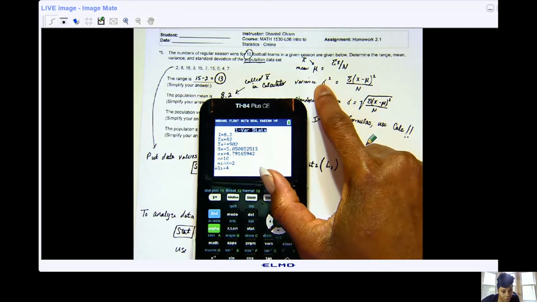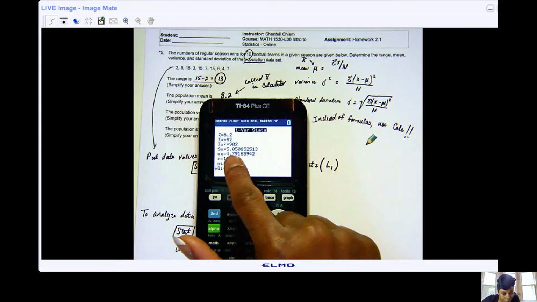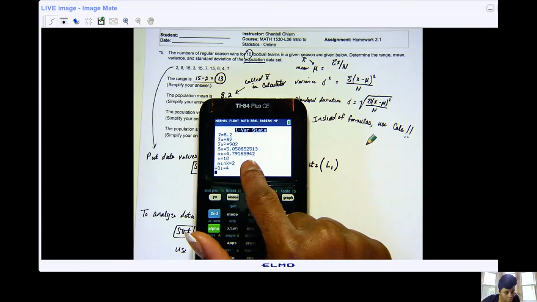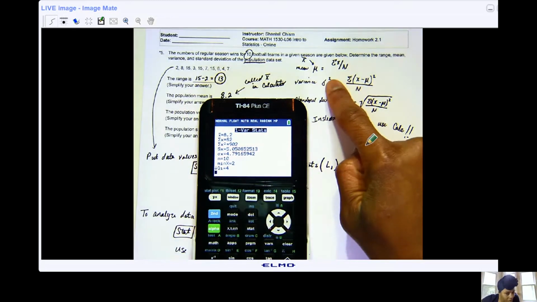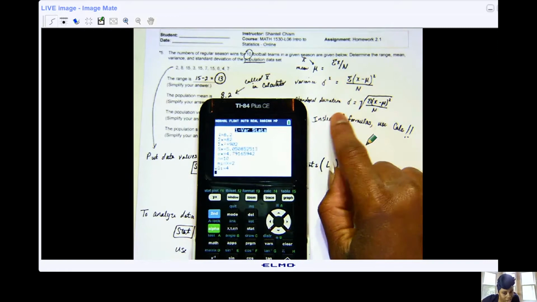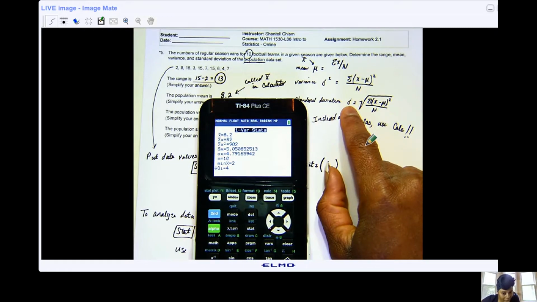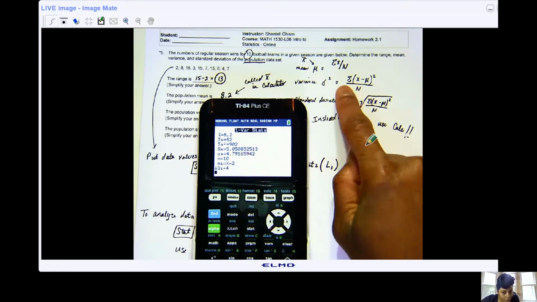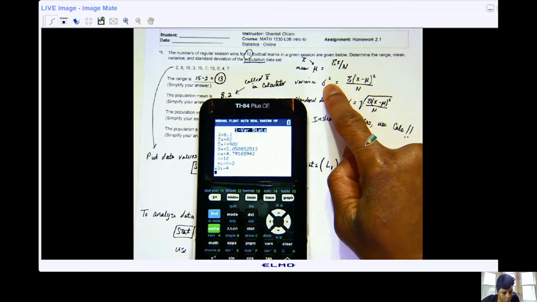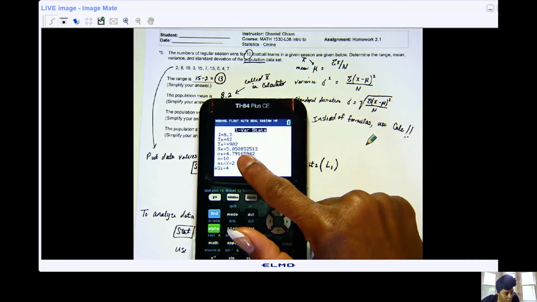So in order to get the variance, we're going to take this sigma value, and guess what we're going to do to it? We're going to square it. So if standard deviation is sigma, which we have, and we want the variance, which is sigma squared, we're going to take the standard deviation and square it.